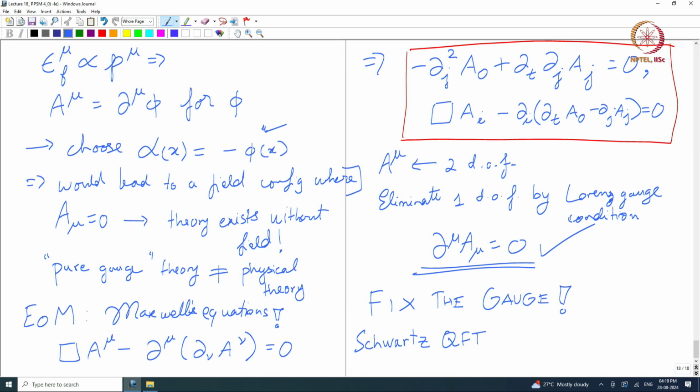You can even look this up in Wikipedia, but I am just going to write the gauge condition here. Okay, and a popular gauge that people use to get this trick done is the Coulomb gauge. The Coulomb gauge is nothing but this.